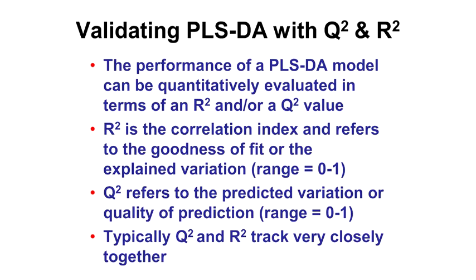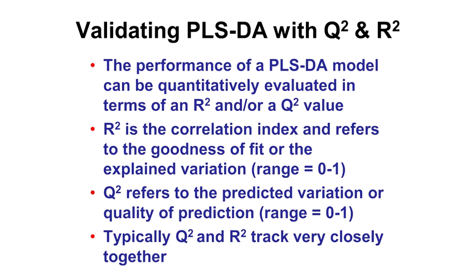There are methods now to calculate them, but as I say, it's not in the standard textbooks. So R squared is formally called the correlation index. It's not a correlation coefficient. And it refers to the goodness of fit. So just like the coefficient of determination, it can vary between 0 and 1. High values are good, low values are bad.